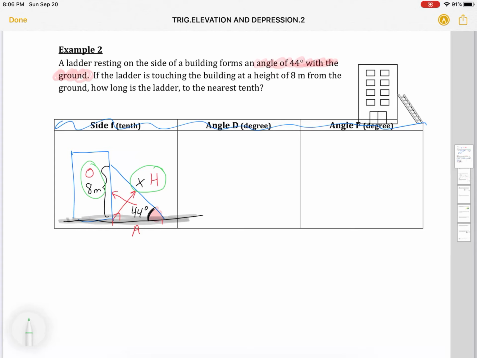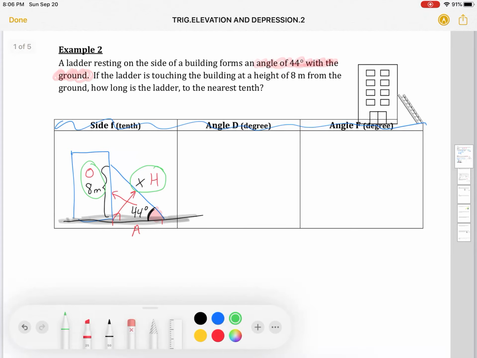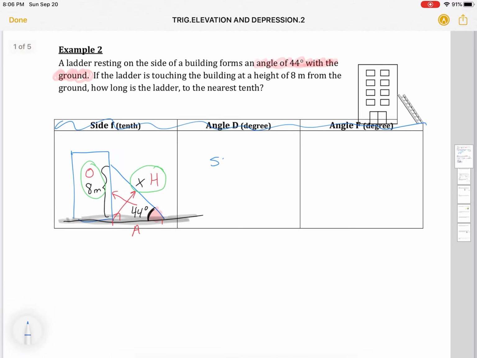Now we'll circle what we know. We know our opposite, and we're looking for our hypotenuse. Thinking about SOH CAH TOA, opposite and hypotenuse tells us we're going to use sine.